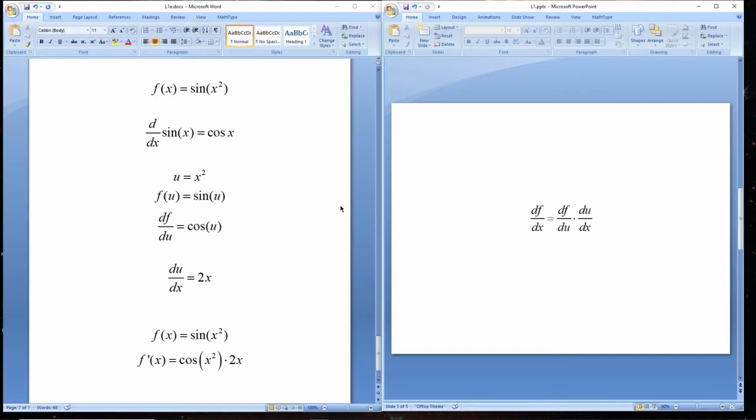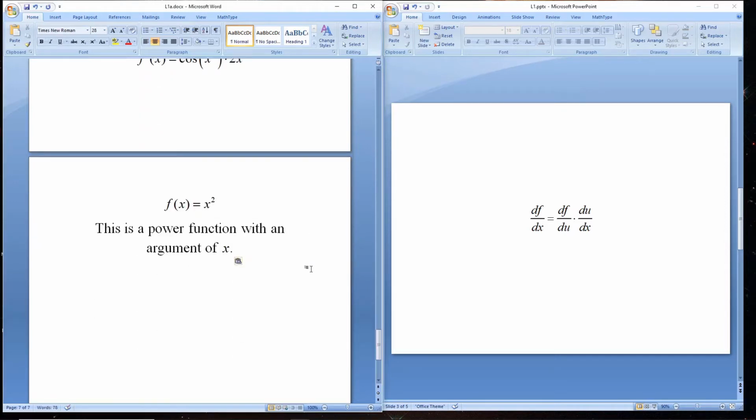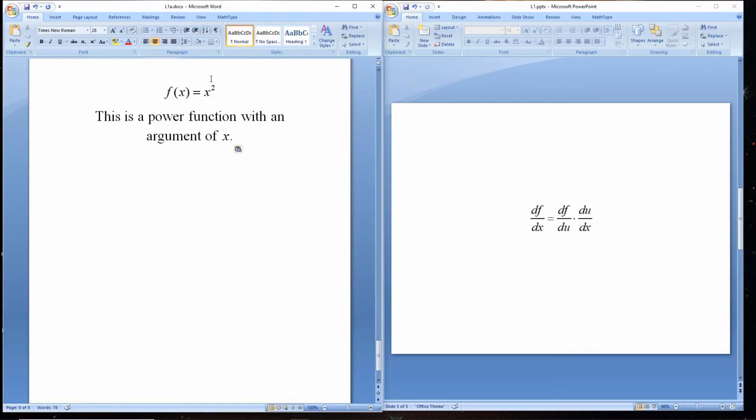So I want to show you the way that I'm hoping you'll learn how to do the chain rule. And I want to start with x squared. So here is x squared. I'm going to introduce this new word called argument.